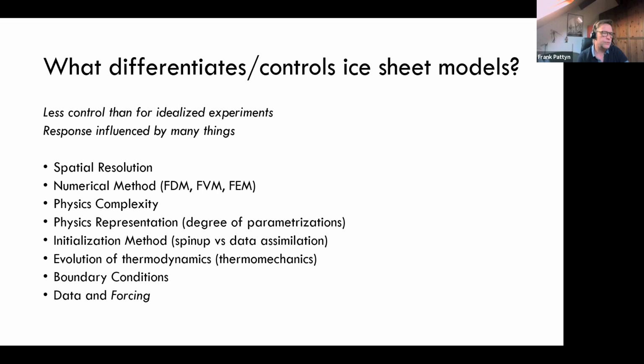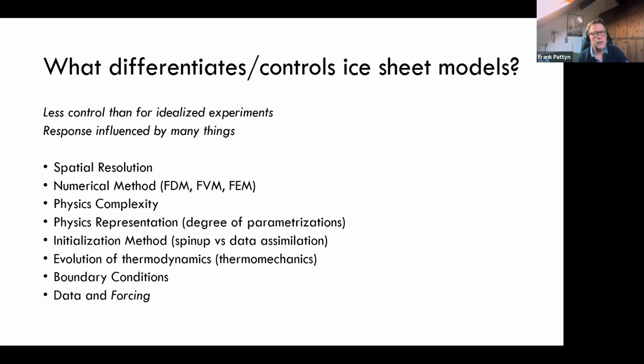That was already the case for idealized cases, but it's even more so. First of all, spatial resolution, which we have seen before, and numerical methods, which we have also seen. But there is also the physics complexity, because in general you let all the modelers use their model the way they want to use it. You also have different representations of physics, for instance the degree of parameterizations.